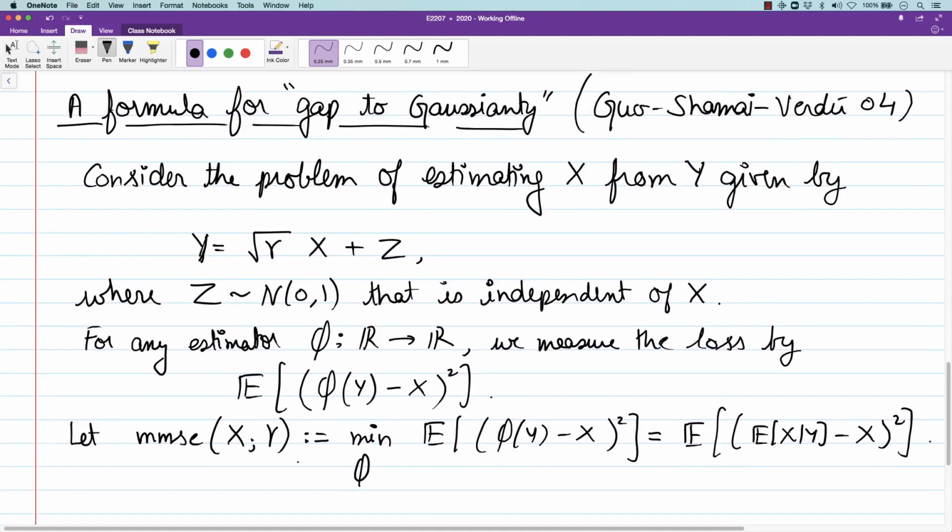So we define this minimum mean square error this way. It turns out that there is a very nice, beautiful formula that characterizes gap to Gaussianity in terms of this MMSE function. This formula is due to Guo, Shamai, and Verdu.